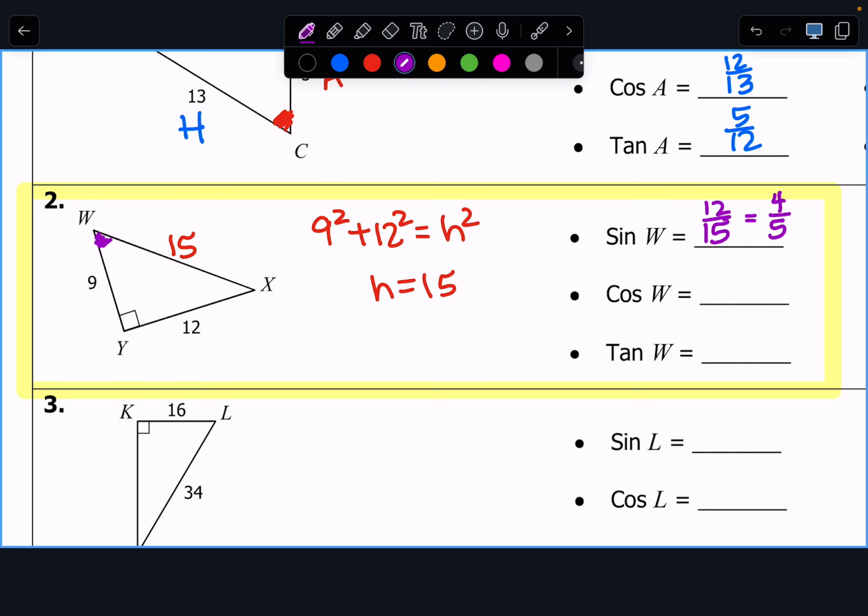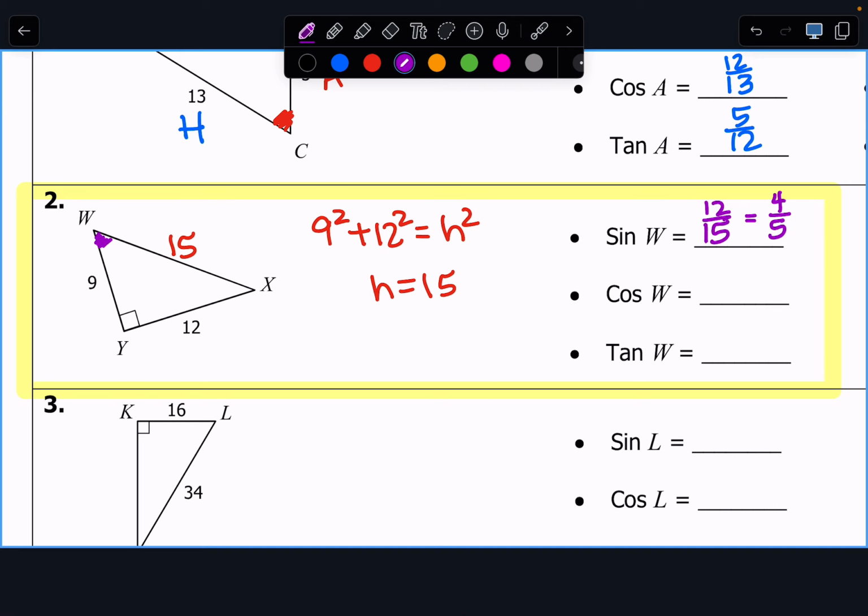Our tangent ratio would be 12 over 9, which you would reduce to 4 over 3. So I will expect reduced fractions. No mixed numbers, and do radicals belong in the denominator? No. Never.